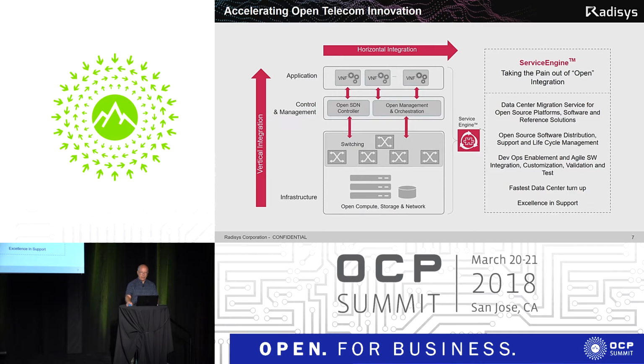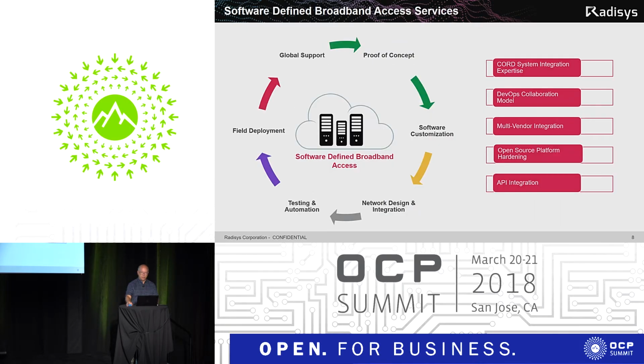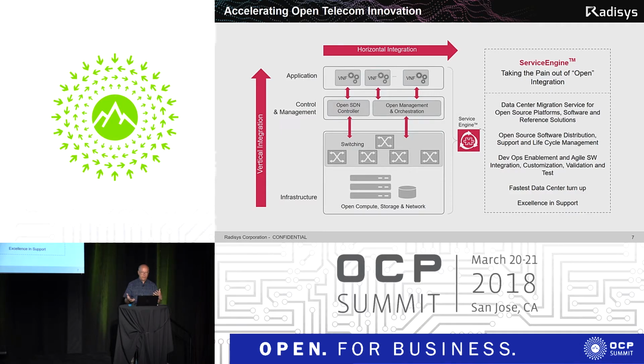Radisys is able to pull together all the system components as one part of a system integration. We can take the selected hardware in the rack, whether it's Intel, AMD, we don't care, and we're able to pull that all together, hardware configuration, hardware integration, as well as software.